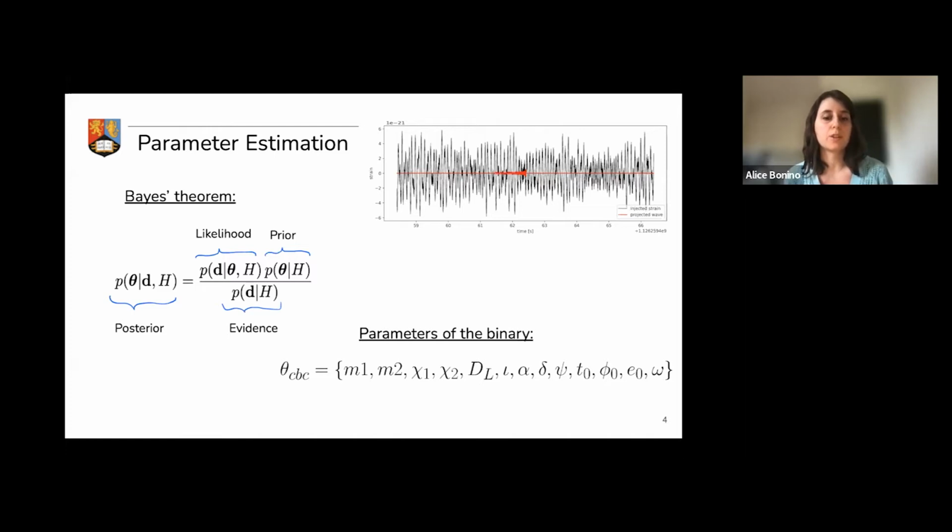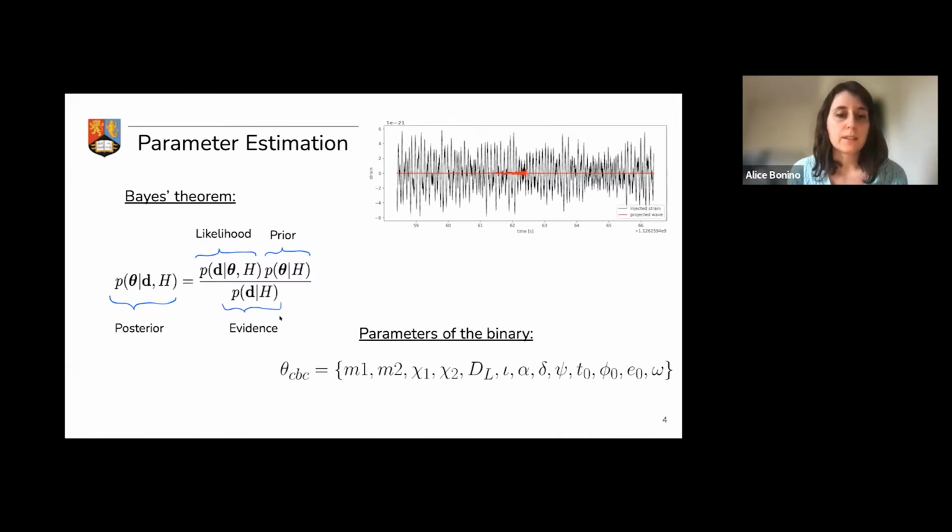In particular, parameter estimation is studied in the framework of Bayesian analysis, which gives us a method to infer the parameters in terms of probability distributions. Bayesian analysis is based on Bayes' theorem, and the key elements are the prior distributions, which describe the knowledge that we have about the system before performing the observation. Then this knowledge needs to be updated when we do the observation, so we need the likelihood, that is the probability of some data given a certain set of parameters and assuming a certain model.